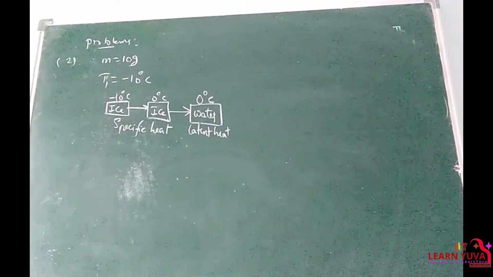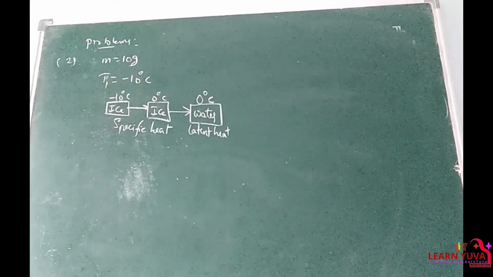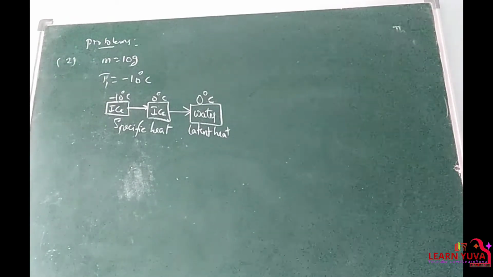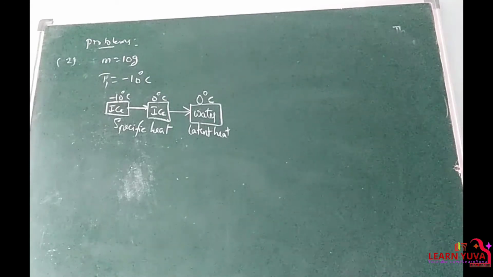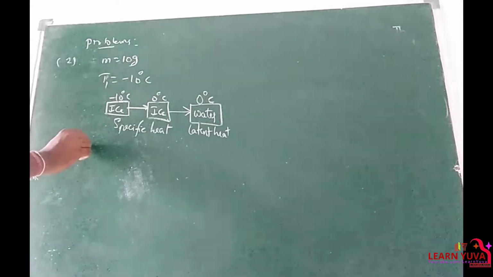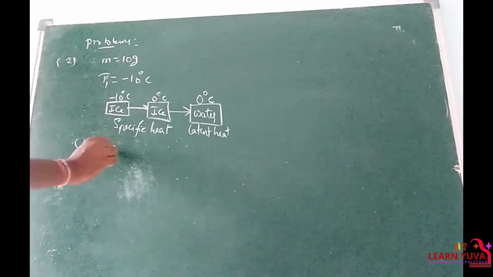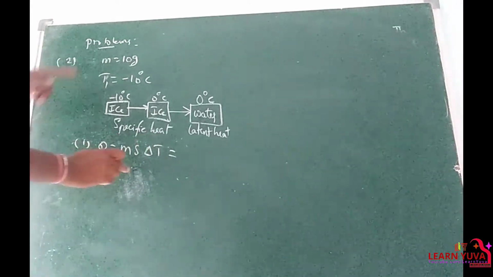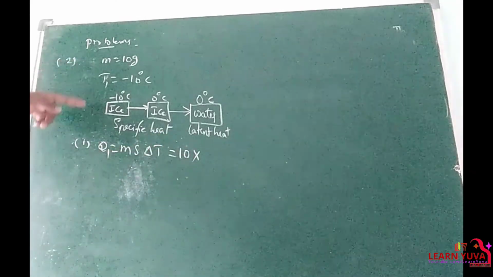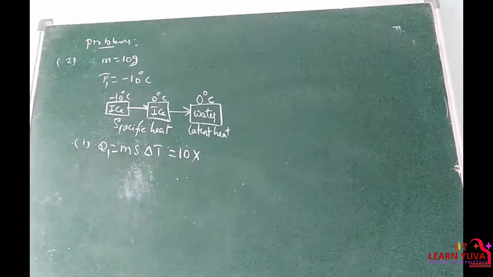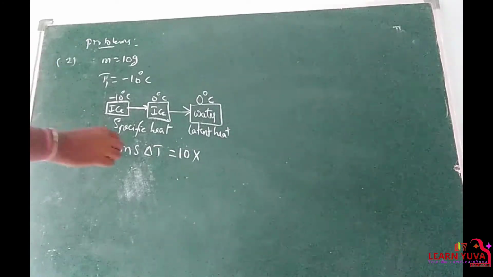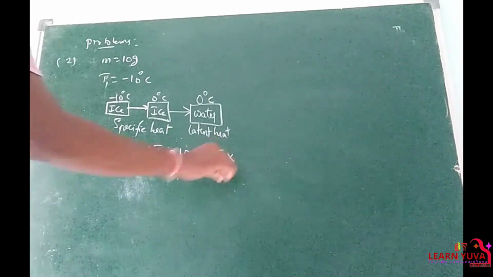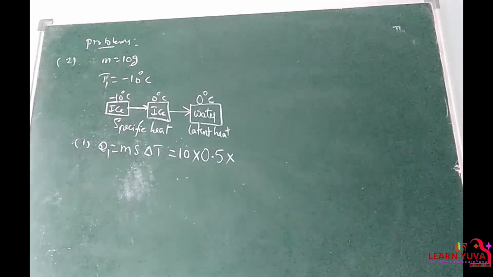So first one, Q is equal to MS delta T. The first heat required is by specific heat, Q1 is equal to MS delta T. Mass given is 10 grams, specific heat capacity of ice is 0.5 calorie by gram into degree Celsius.